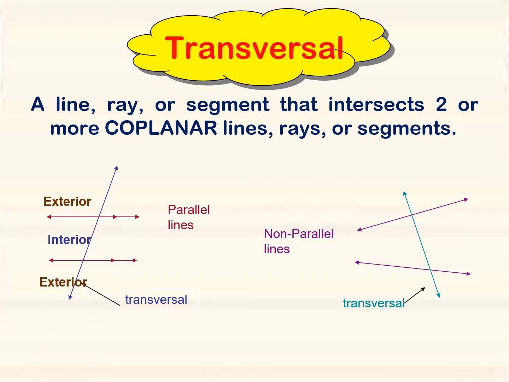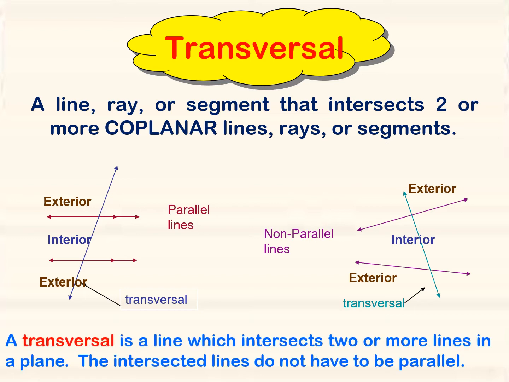So when two parallel lines are cut by a transversal, it forms exterior angles as well as interior angles. The same is true with non-parallel lines. So remember that a transversal is a line which intersects two or more lines in a plane. The intersected lines do not have to be parallel.